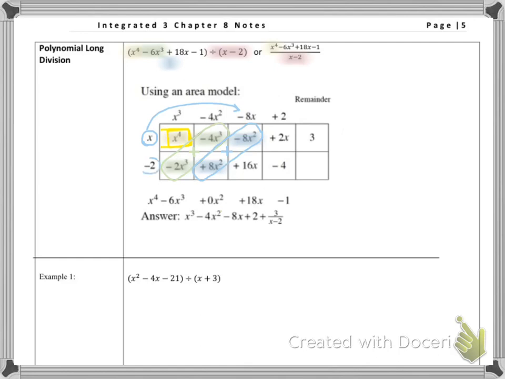Now I'm going to take the negative 2, and I'm going to times it by the negative 8x to figure out the 16x inside the box. Now I start again. I go back up and I look for the x term. Well, the x term, let's do a different color here that was already used.